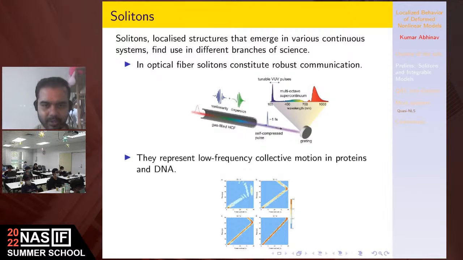People use these pulses of light to communicate. Mostly these pulses of light are very well defined solitons. They are localized pulses, like the intensity distribution along the direction of motion of the signal will be lumped together.